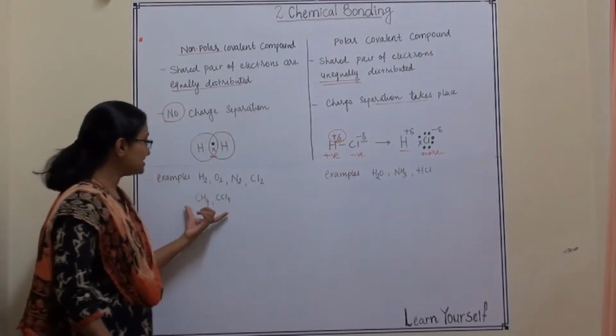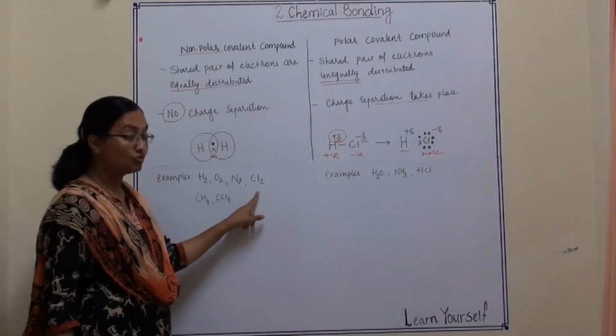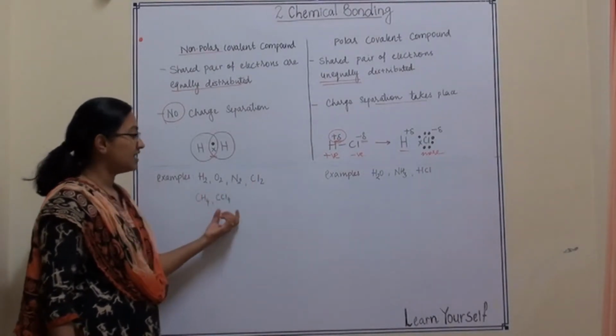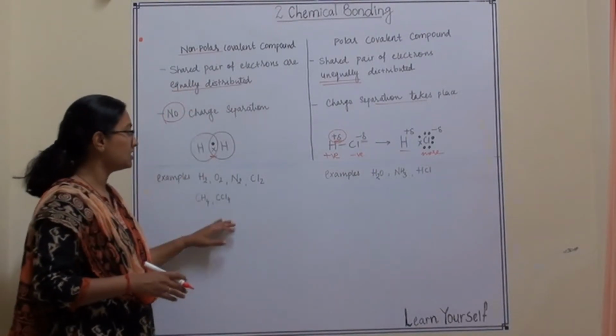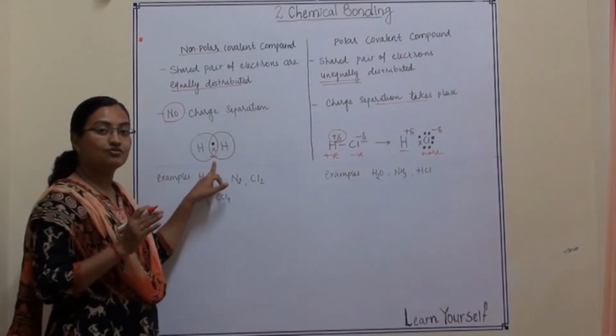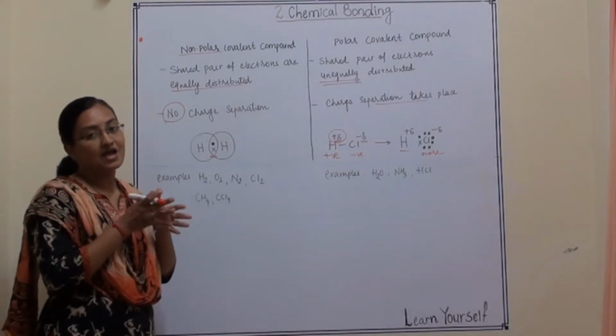We can see the examples of hydrogen molecule, oxygen molecule, nitrogen molecule, chlorine molecule, methane and carbon tetrachloride. All these molecules are non-polar, meaning the shared pair of electrons will be at equidistance and in the middle of the atoms.